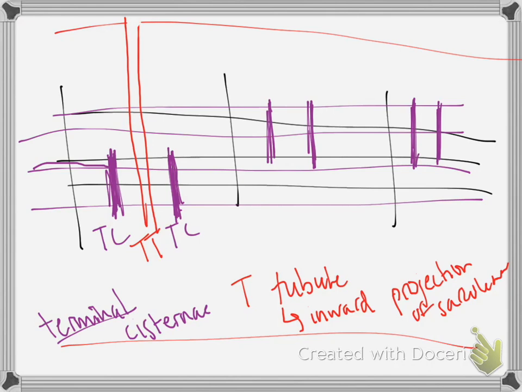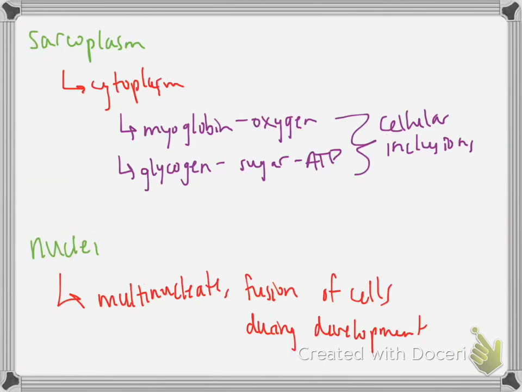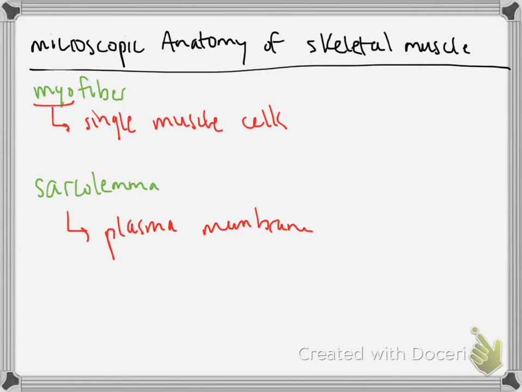Okay. So that's our T-tubule. I think that's it for now. Oh, and then if you combine two terminal cisternae and a T-tubule in the middle, that's called a triad. So when we get into the physiology behind all these things, we want to understand the words that we're using.